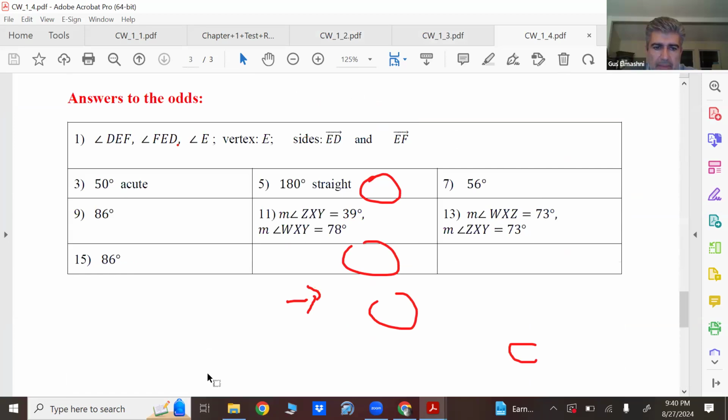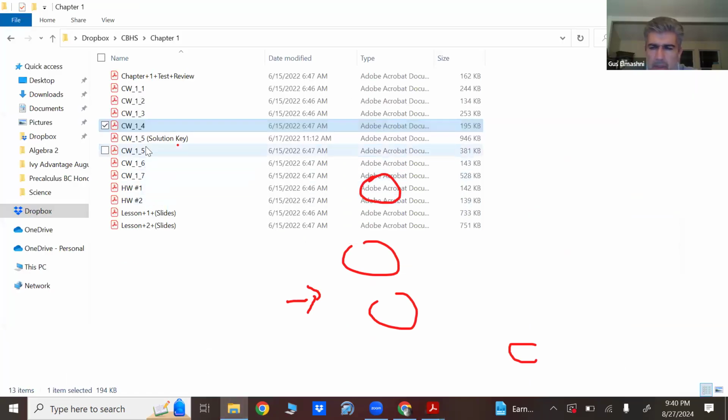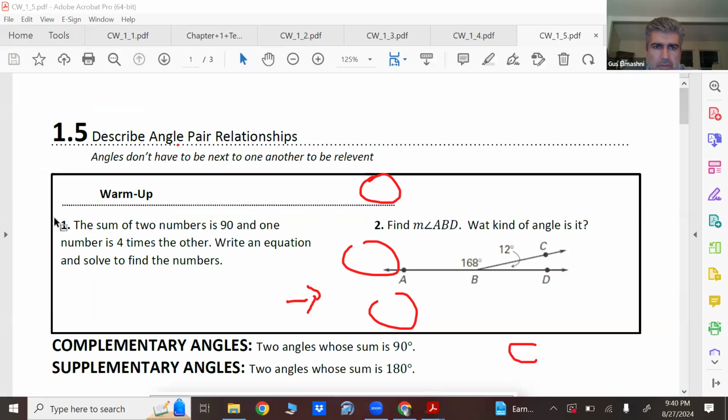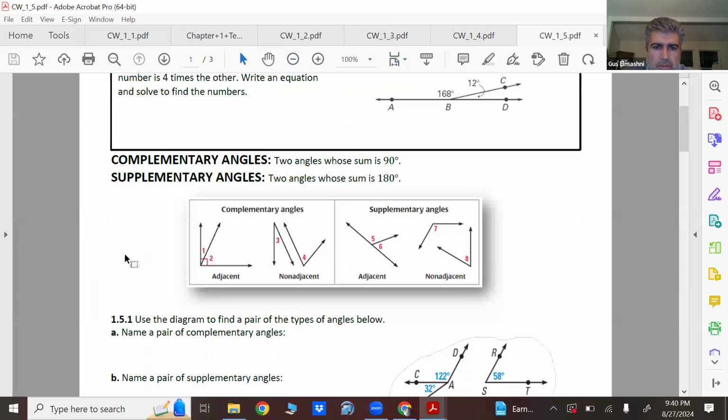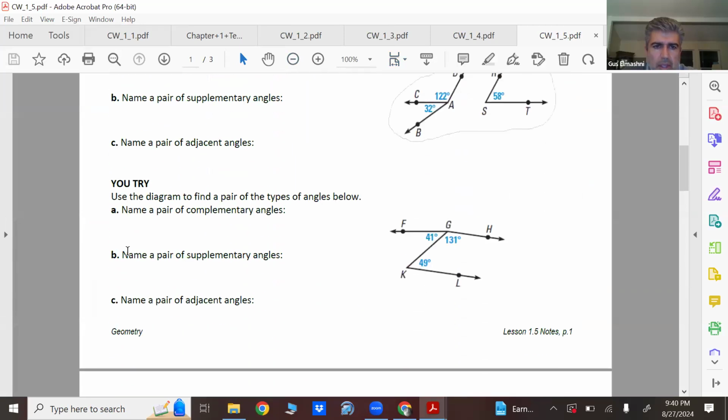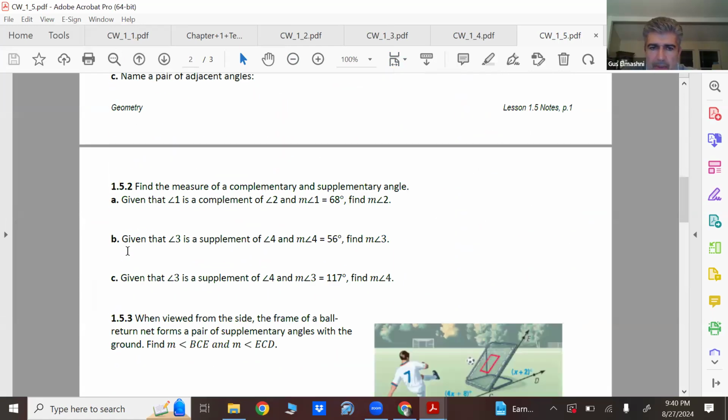Bisect means to cut angles in half; acute, right, or obtuse angles. We won't get into this tonight, but complementary and supplementary angles, stuff like that.